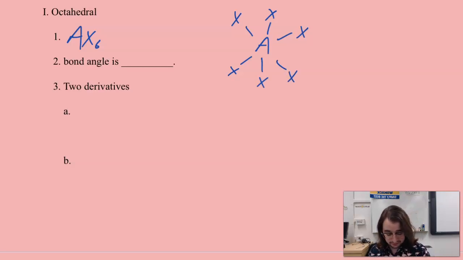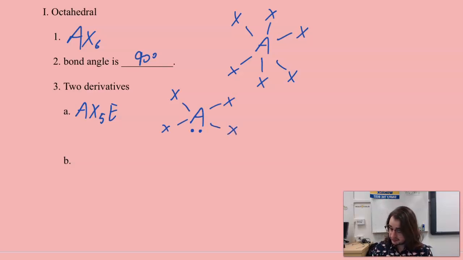And each one of those bonds has a 90-degree angle. There are only 2 derivatives of octahedral. There are AX5E, which is the same, except we're going to take that bottom X off. And what we get is this interesting shape that we call square pyramid.